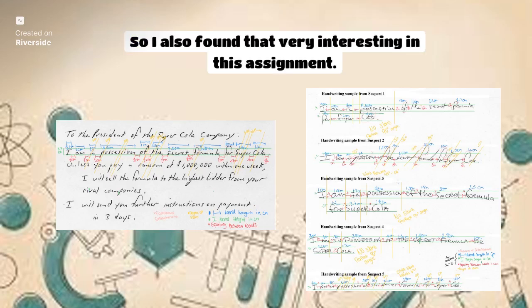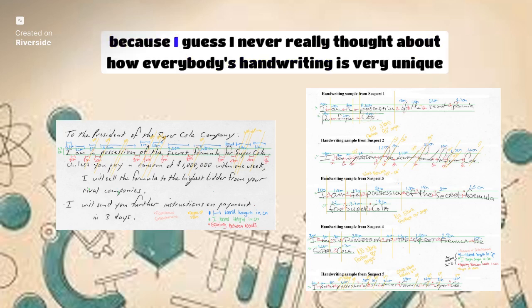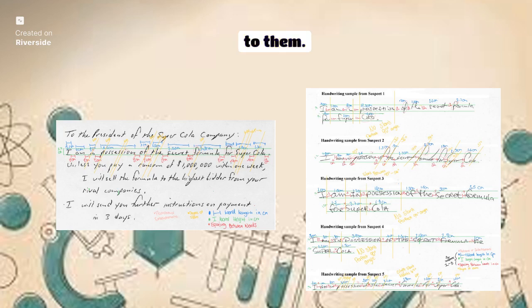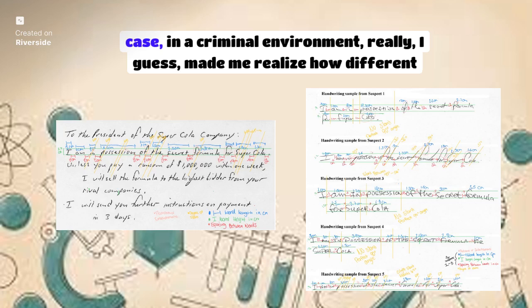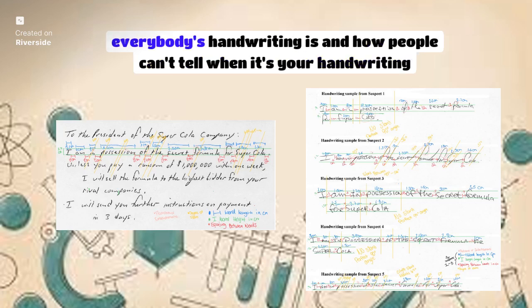So I also found that very interesting in this assignment because I never really thought about how everybody's handwriting is very unique to them. I knew everybody's handwriting was very different, but with it being used in a criminal case, it made me realize how different everybody's handwriting is, and how people can tell when it's your handwriting.